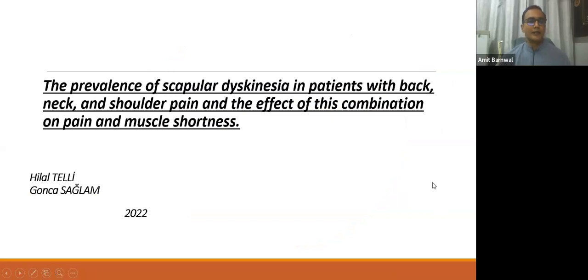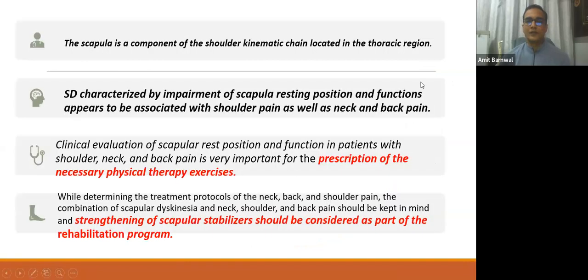There was another article by Telly and Salgam, same year, 2022, on the prevalence of scapular dyskinesia in patients with back, neck, and shoulder pain, and the effect of its combination on pain and muscle shortness. They quoted that the scapula is a very important component of the shoulder kinetic chain.